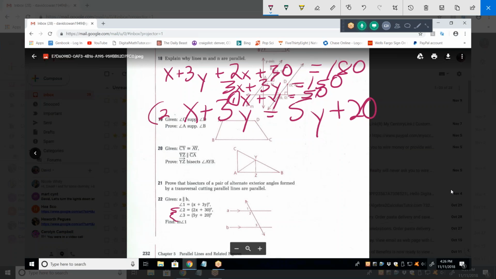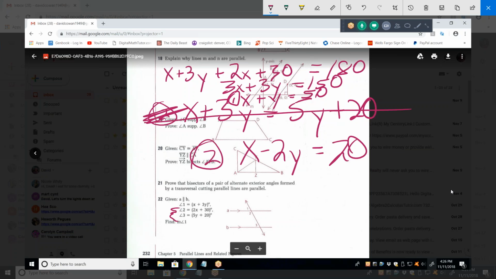Equation number 2. Let's put everything on the same side and solve it by elimination this time. x minus 2y equals 20. So there's my equation 2, there's my equation 1. And now I can merely subtract one from the other.